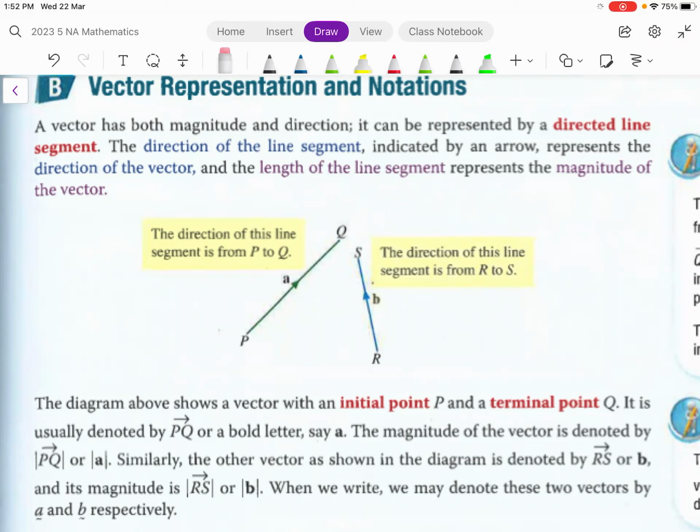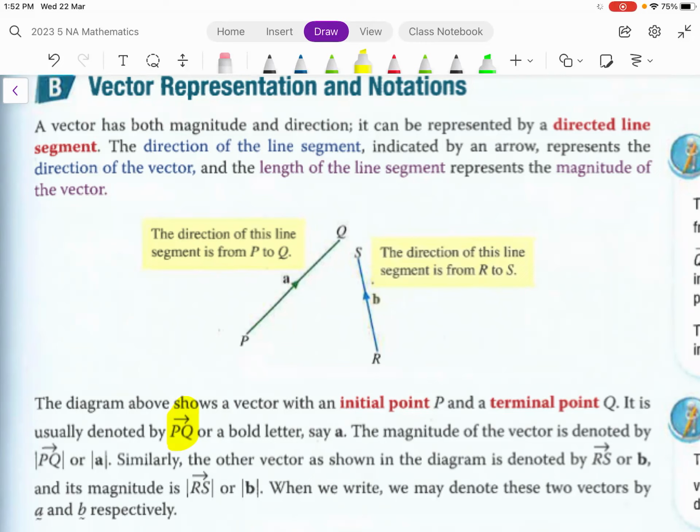So when I name a vector, for example over here, PQ, you see an arrow above the capital P, capital Q. The arrow always points to the right when I'm writing vectors, when I'm naming vectors. It means I start from P, I end at Q, which corresponds to this P to Q. Totally makes sense, right?